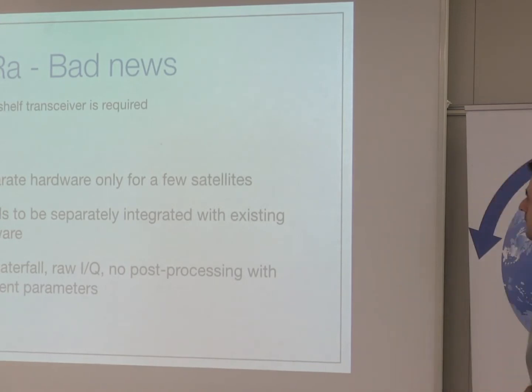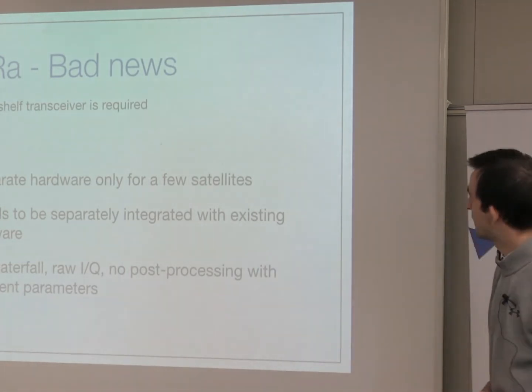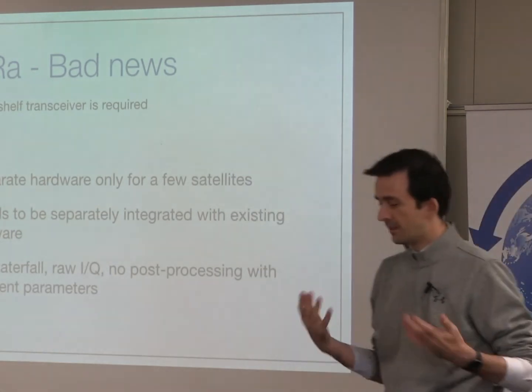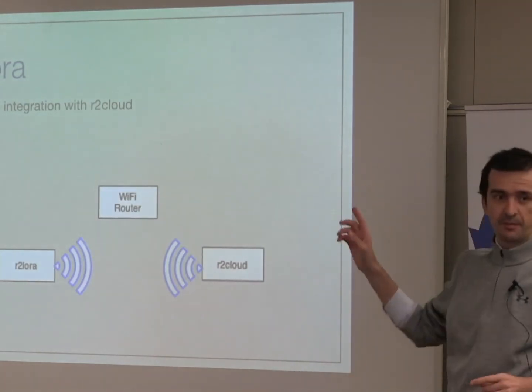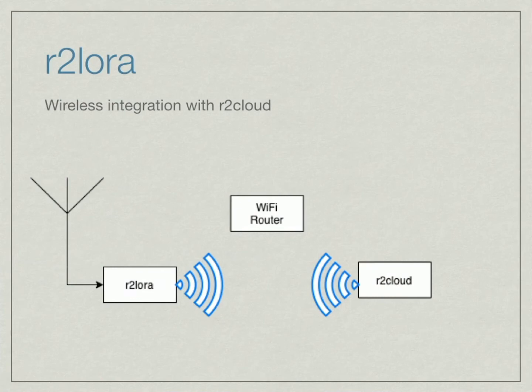So despite all of this, I decided I'll go ahead and implement LoRa support in r2cloud. And I created a separate project called R2LoRa. This is a firmware for ESP32.